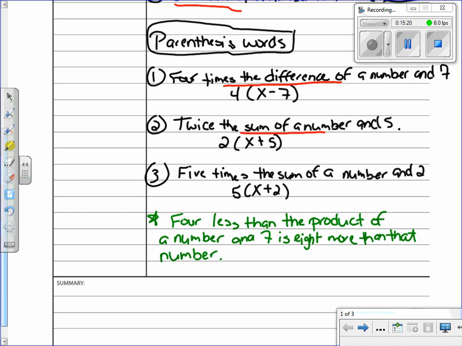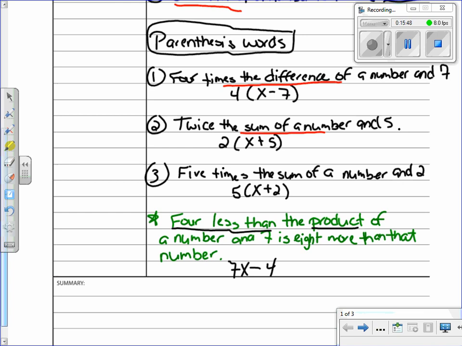So we have 4 less than the product of a number and 7. So 4 less than's a turnaround word. So we're going to have something minus 4. That something is the product of a number and 7. Product means multiply. So we're going to multiply 7 and a number, which would be 7x. So far we have 7x minus 4.